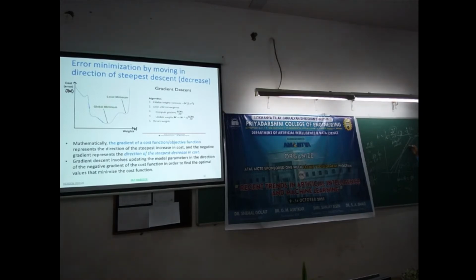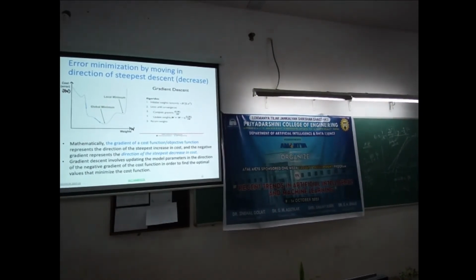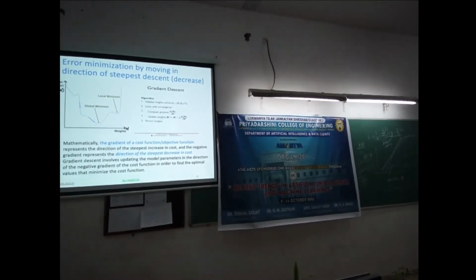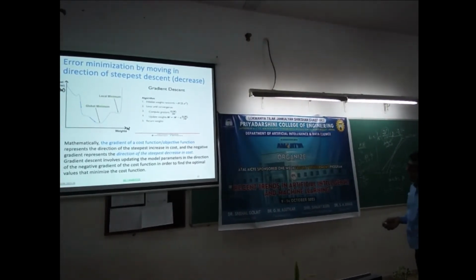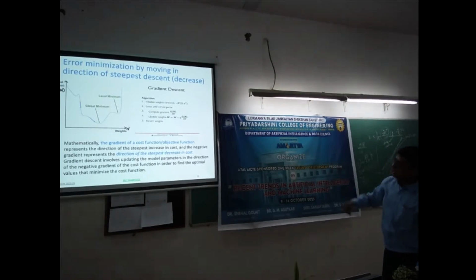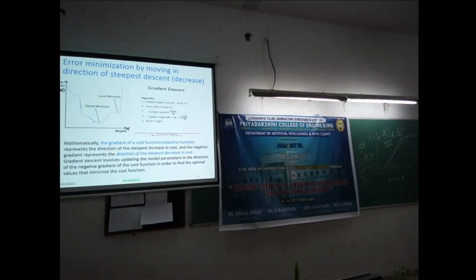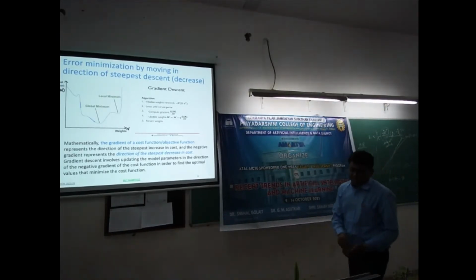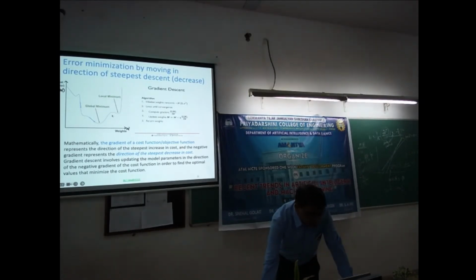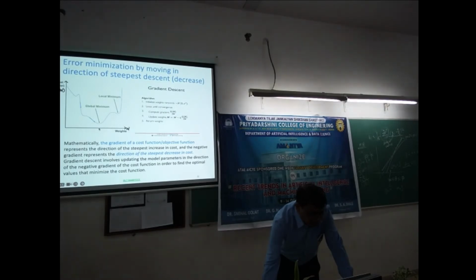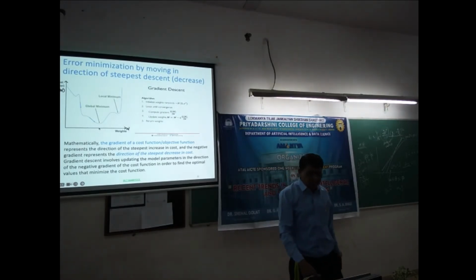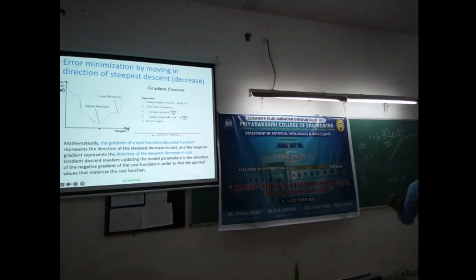Out of many possible hypotheses, you have to select the one which is the best. The best line can be found by using this algorithm. This is the point where your weights give the minimum error, and that will be returned as the value of W.